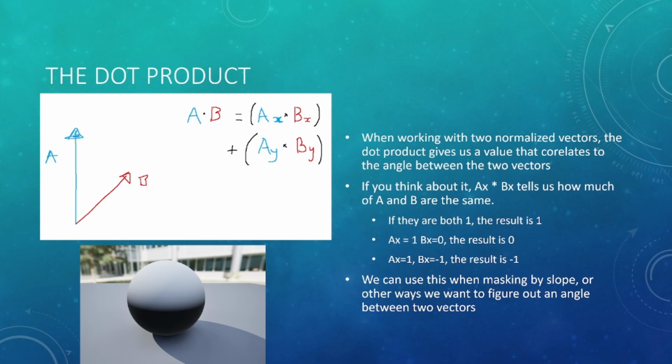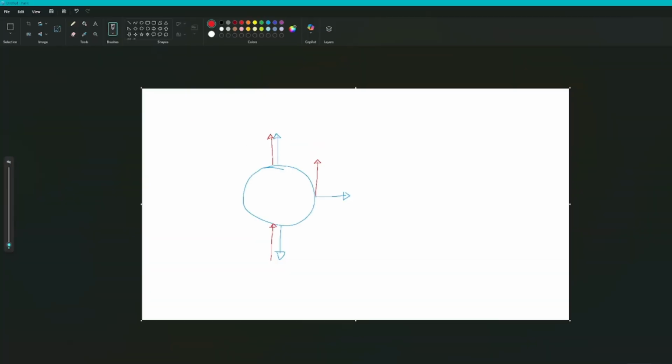What this is really useful for is it gives us a relationship between these two vectors. If both vectors are pointing the same way, the value that we're going to get back is 1. If vector A and B are perpendicular to each other, we're going to get a value of 0 back.